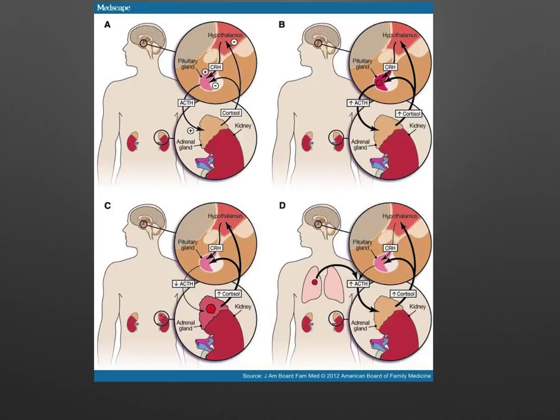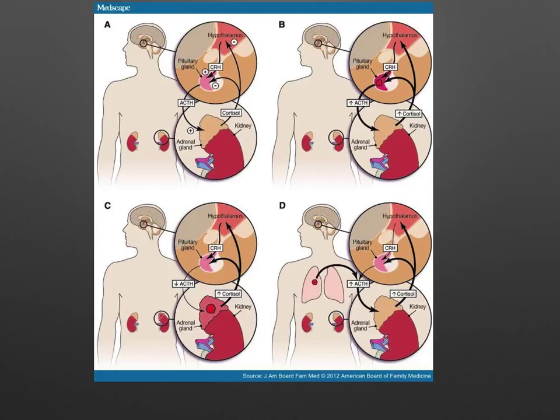Scenario A is when things are going right. As you saw in that animation, the hypothalamus releases CRH or CRF, which then signals the pituitary to release ACTH, which then signals the adrenals to release cortisol. Cortisol then feeds back so that CRH and ACTH production stops.